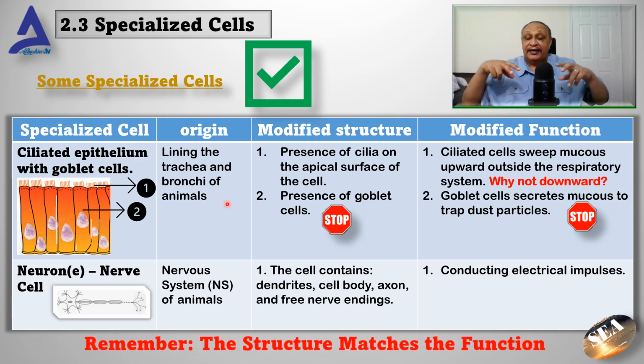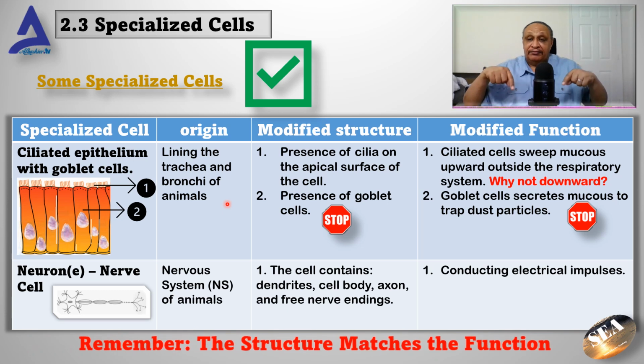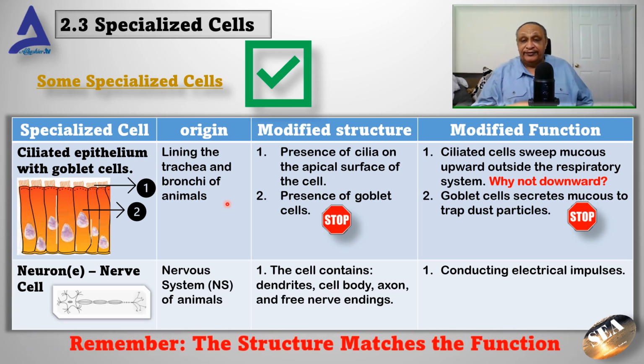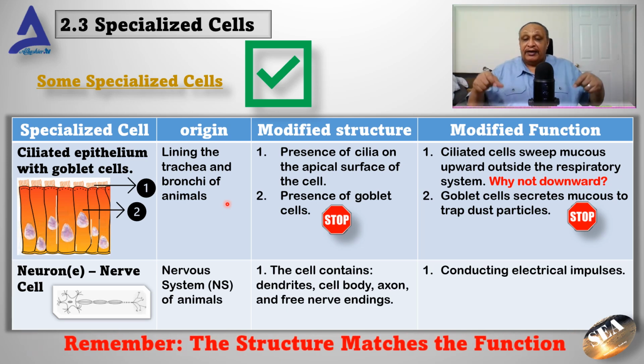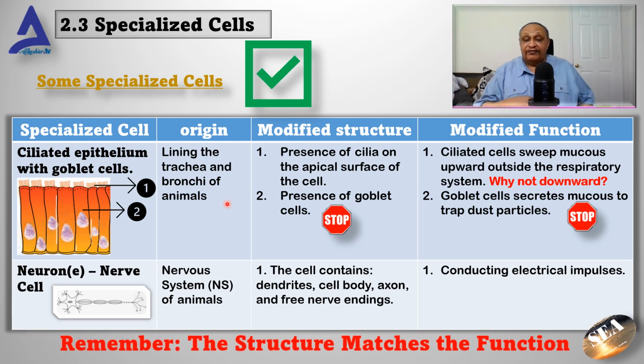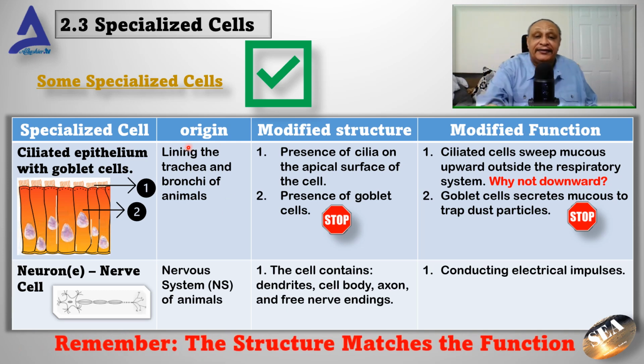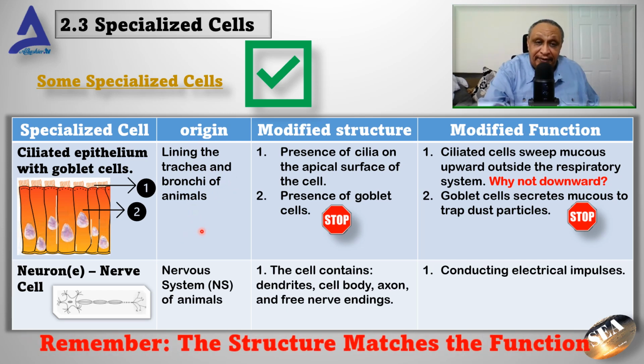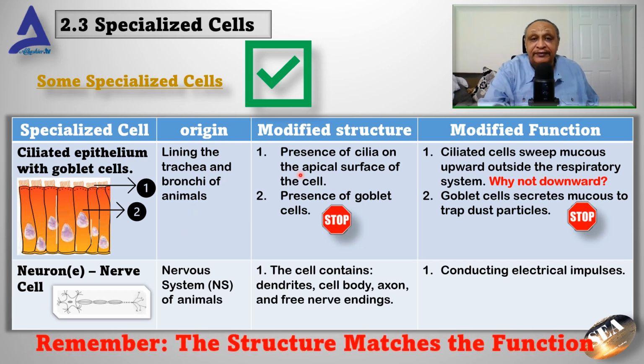The bronchi are the two structures that descend from the trachea into each of the lungs, and those are the origin of them. That means the place where they are found.